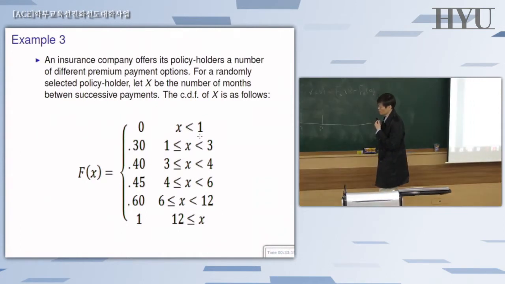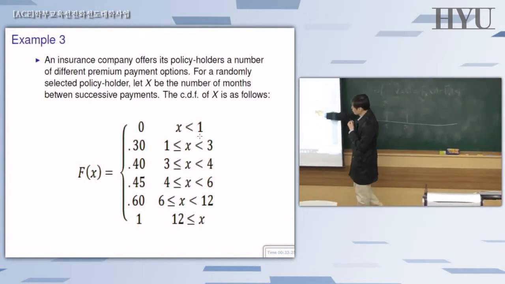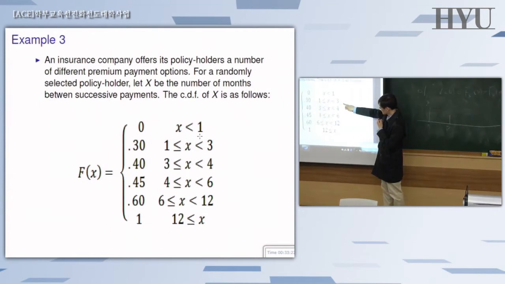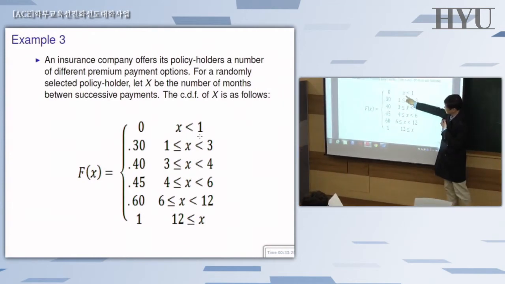So the pattern here, if it's a valid CDF: these sub-intervals, smaller intervals, must include the equality on the left-hand side. But equality on the right-hand side becomes strict inequality. No equality there, because there's a jump.